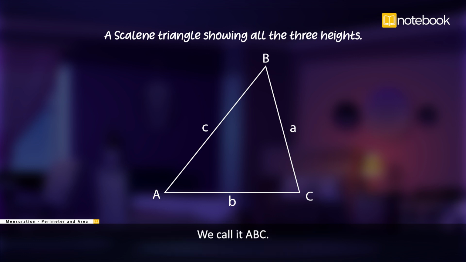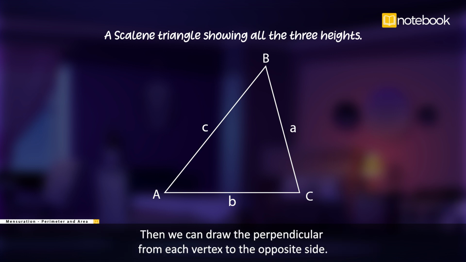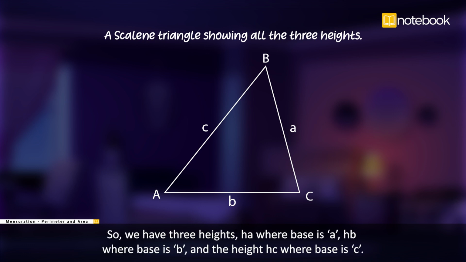We call it ABC. Suppose the length of BC is denoted by A, the length of AC is denoted by B, and the length of AB is denoted by C. Then we can draw the perpendicular from each vertex to the opposite side. So we have three heights: HA, where base is A, HB, where base is B, and HC, where base is C.